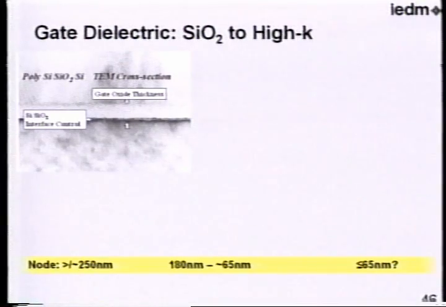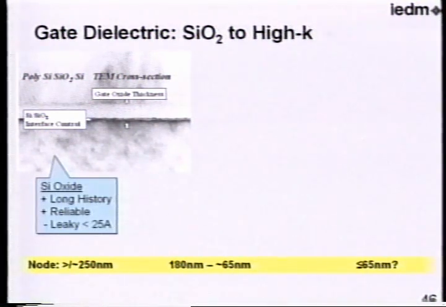Gate dielectrics. I think there's been a lot said on this. I won't spend a lot of time on it, but of course we're going from silicon dioxide, where we've had a long history and reliability, but it has a problem with being leaky when you start getting below 20, 25 angstroms.